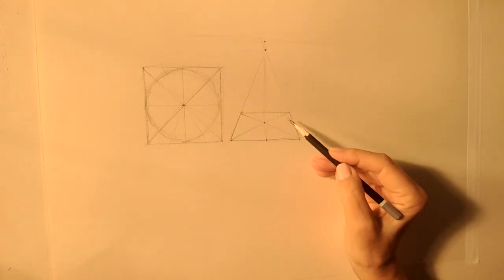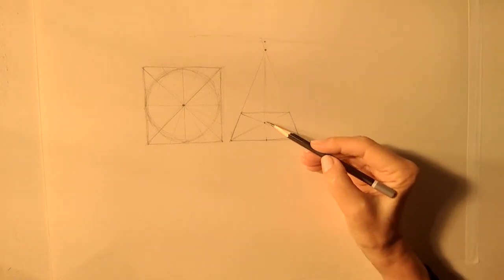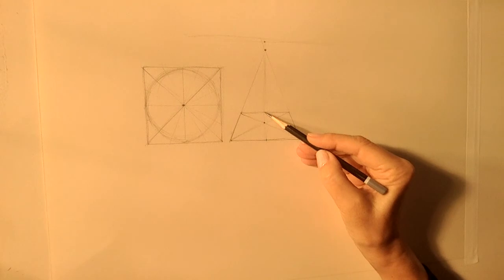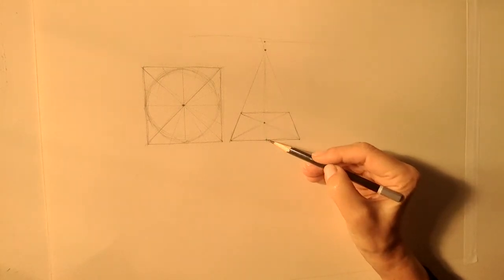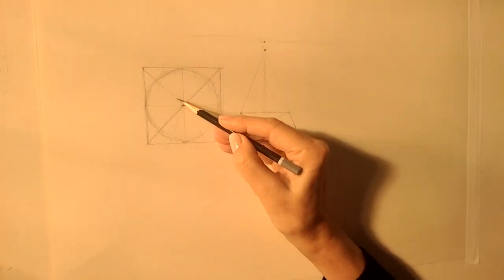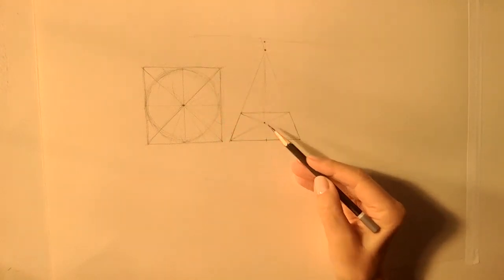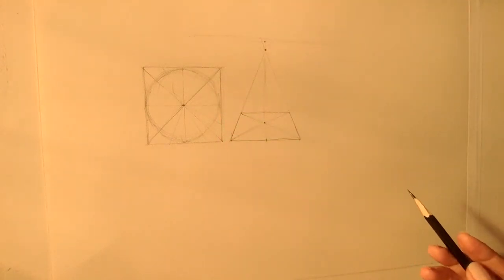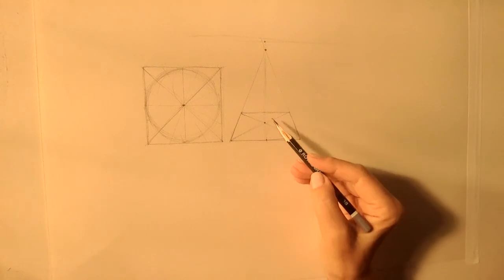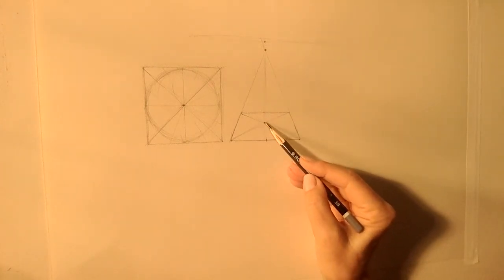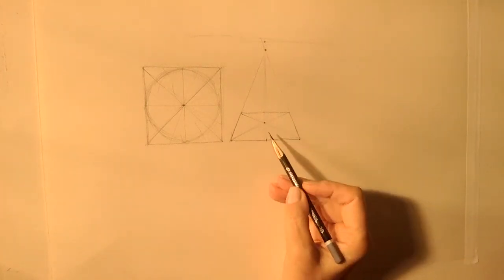There is a distortion due to perspective. In real life, this side is as big as this side, obviously. But because of the visual illusion, the perspective phenomenon, we perceive this part shorter, this part longer.